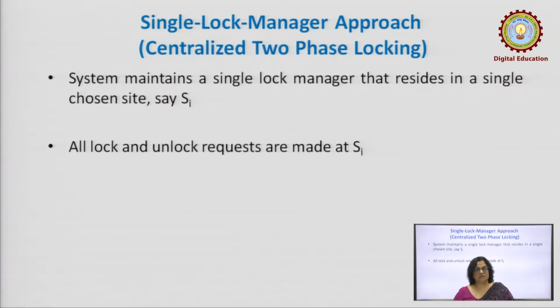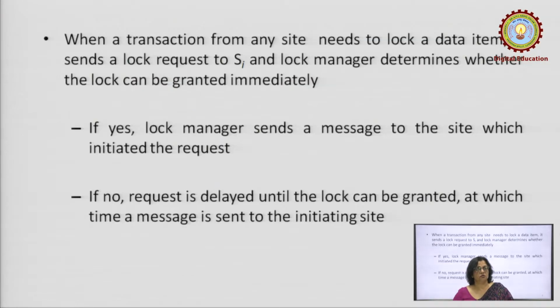In this case, the system maintains a single lock manager that resides at a single site, say SI, and all the lock and the unlock requests are made at SI irrespective of where the data is stored. When the transaction from any of the sites needs to lock a data item, it sends a lock request to the site SI, and the lock manager determines whether the lock can be granted immediately or not.